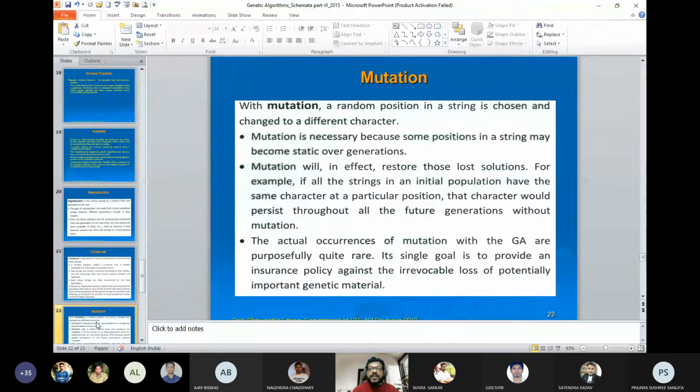Because in the process of searching, if all points are accumulated in a single place, I have to do a certain trick so that at least I can guess a few points out of that area, so that I can find the optimal solution. This is again explained as I have said. If you look into the graph, you find all the points accumulated at a particular peak which is not the maximum, or we can call it a local maxima.